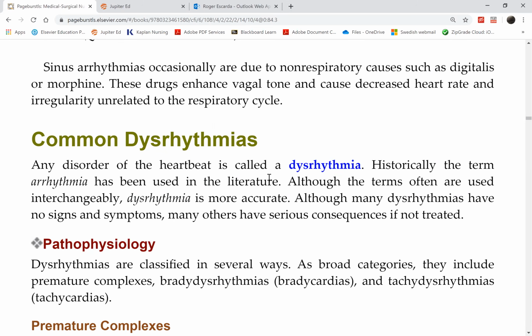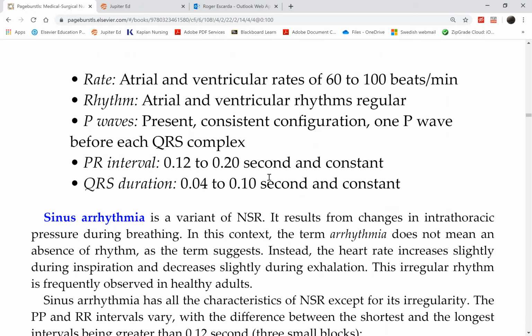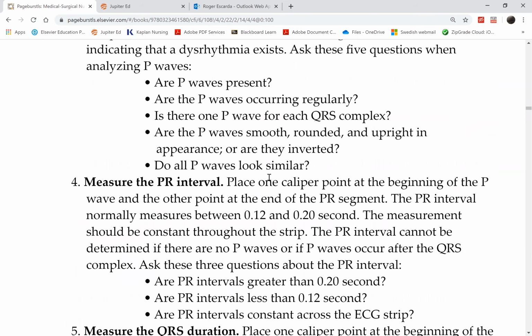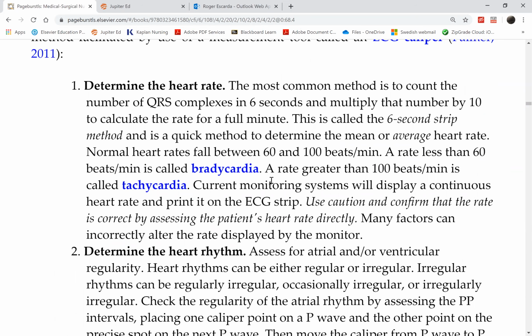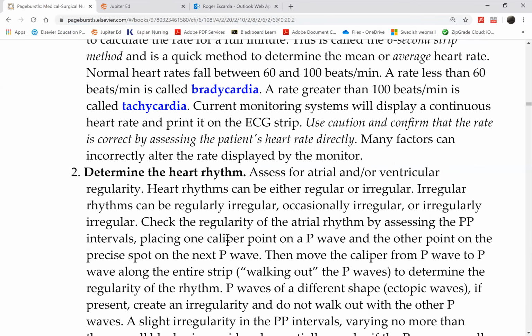No. Okay, so we did the steps. We did a good exercise. We checked the heart rate. We looked at the rhythm. We determined the rhythm, but we didn't interpret the rhythm yet. So step number 2 is just determine the rhythm, meaning the regularity or irregularity of the waves and complexes.